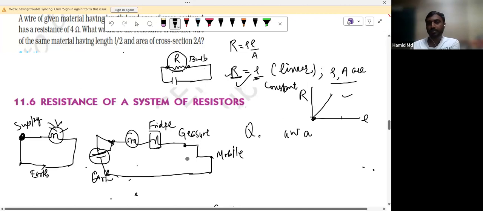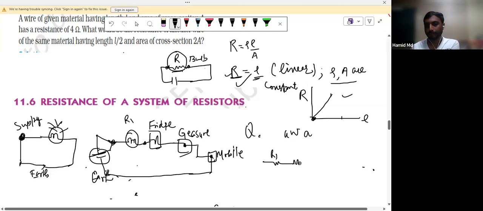This is the means of connecting the apparatus in our homes: one end of one gadget to another end of another gadget. If we write it further, it is like this. R1 corresponds to the bulb.